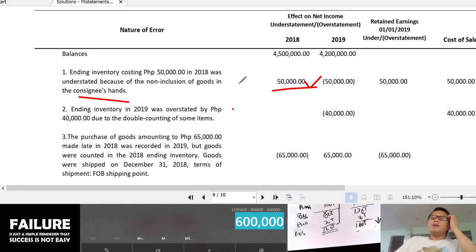So the point is, if that particular inventory is understated by 50,000, the net income now is overstated by 50,000.